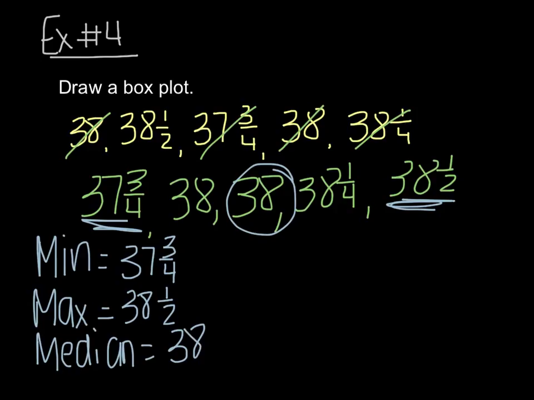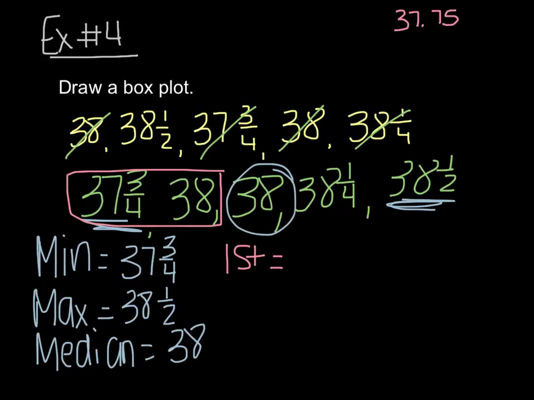We need to know the first quartile. So you look at the numbers before the median, and you find what's in the middle of them. So we have 37 3/4 and 38. We only have two numbers, so let's go ahead and add those up and divide by 2. So 37 3/4 is the same as 37 75/100. Plus 38.